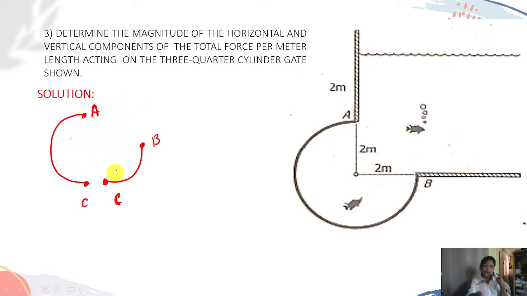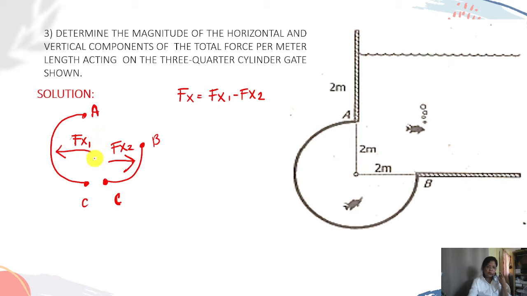So, hinati ko siya sa dalawa para ma-dissect nga natin siya. So, we have here a horizontal force Fx1 tapos contradicting horizontal force 2. So, the total Fx here is equal to Fx1 minus Fx2.